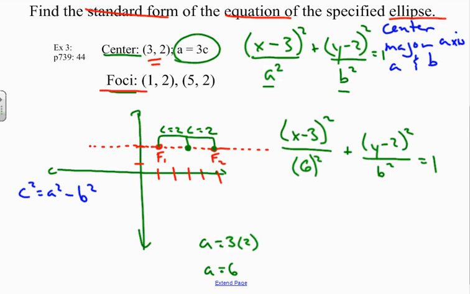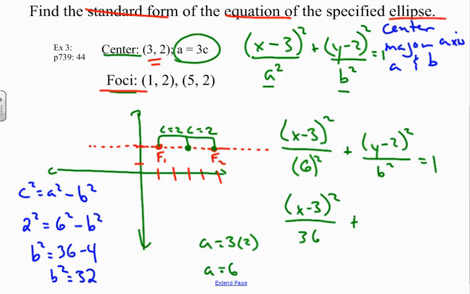We take the values that we know: c is 2, so 2 squared, equals a, which is 6, so 6 squared, minus b squared. Once again, we'll bring b squared to the other side. This is going to be 36 minus 4, and we have b squared equaling 32. So we can fill in the remaining portion.